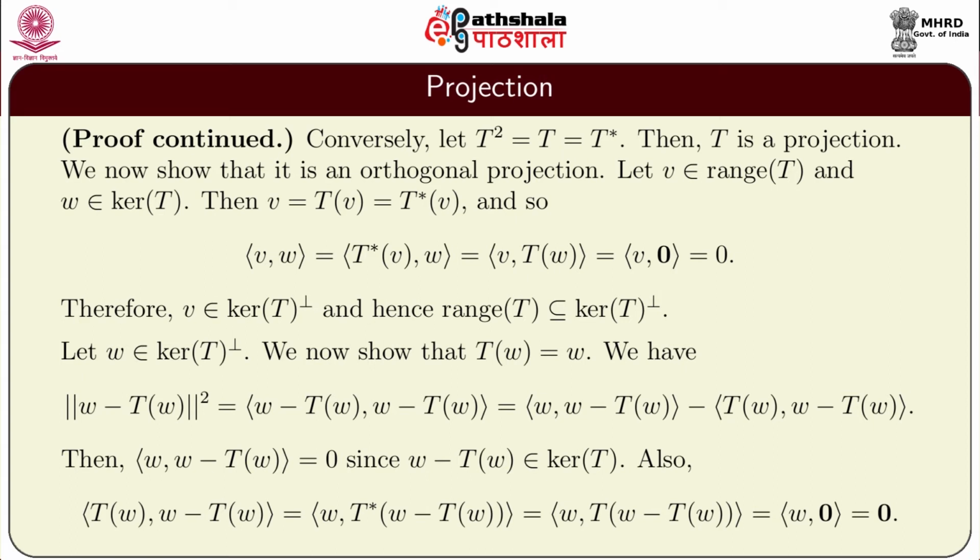Let us now start with a vector W in kernel T perp, and we show that T of W is equal to W, and therefore, W will be in range of T. Now, we have that norm of W minus TW square is inner product W minus TW comma W minus TW.